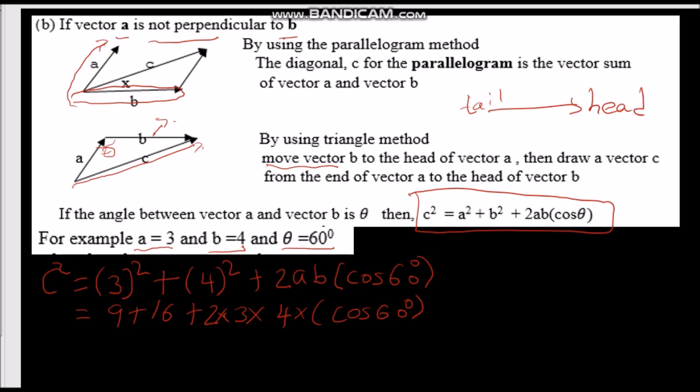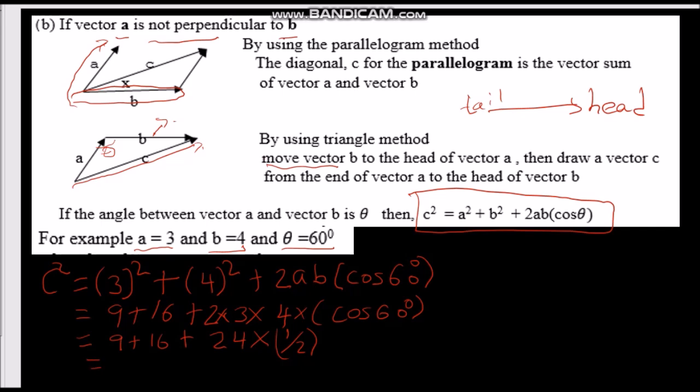Oh, sorry, cos 60 is already 1 over 2 or 0.5. Let's write here 9 plus 16 plus 2 times 3, 6 times 4, 24, times cos 60 is equal to half, 1 over 2 or 0.5.